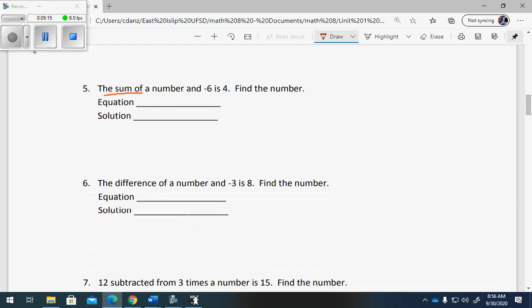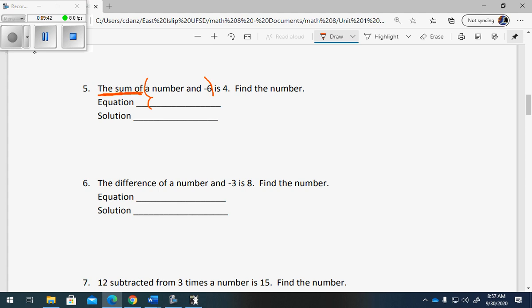The sum of. These words, the sum of, even like in question 1 that we did, kind of is like a hint that there's going to be parentheses necessary. If I see the sum of or the difference of, most likely I'm going to need parentheses. The sum of a number and 6 is 14.